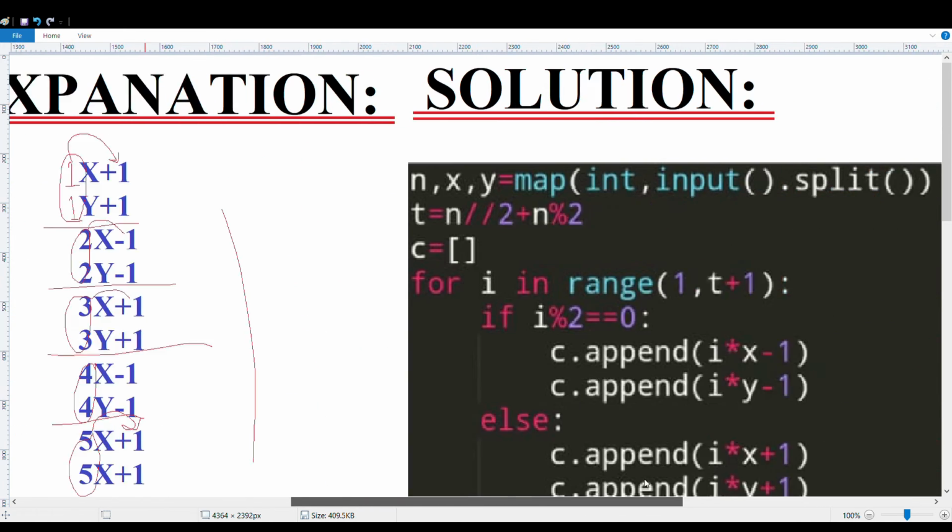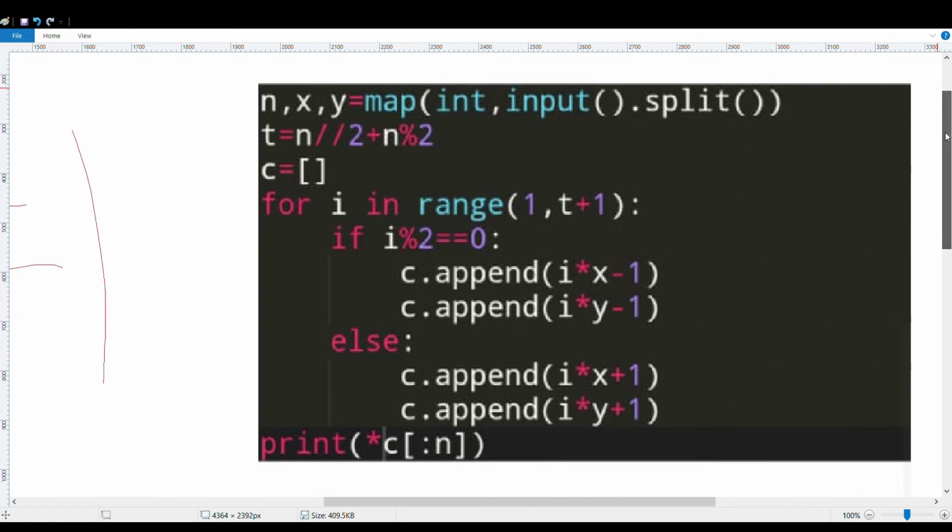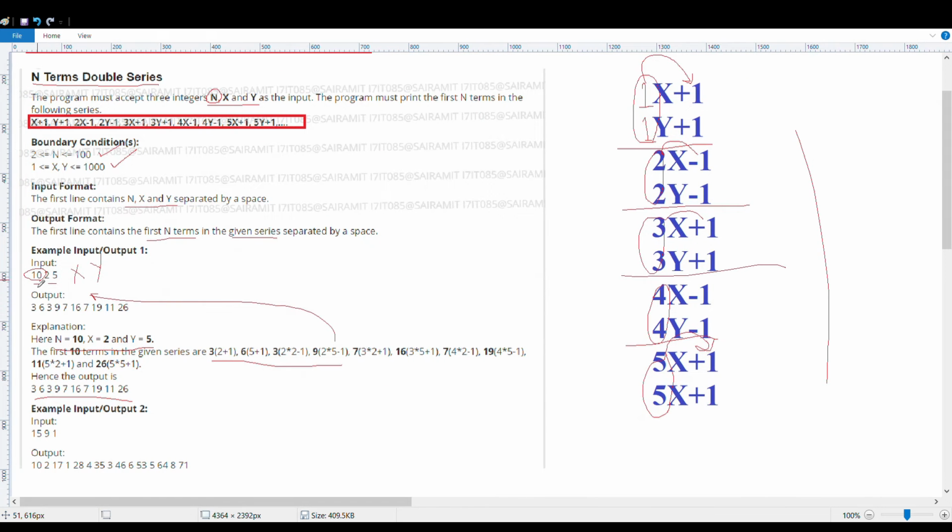Moving ahead with the program, you're getting n, x and y in the first line, and then you're getting a value t. Now what will be t? To make the code efficient, I'm only taking half of the value, because when you double it you will get the same. If in the question they have asked for 10, then you take until 5.